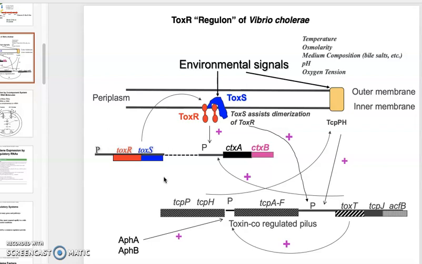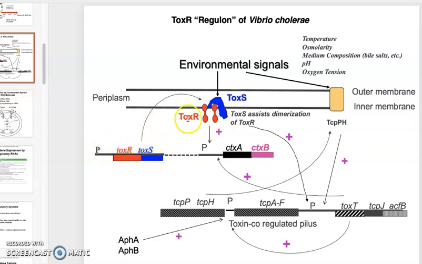It'd be nice to have one master switch that is keyed into a bunch of different related functions. And so in this example, the master switch is ToxR and ToxS from the ToxRS mini operon here.